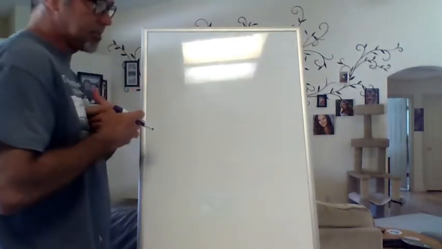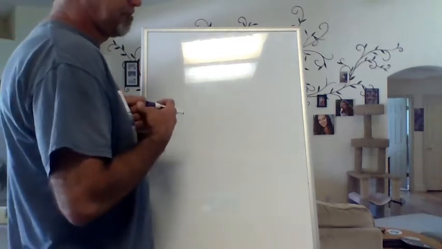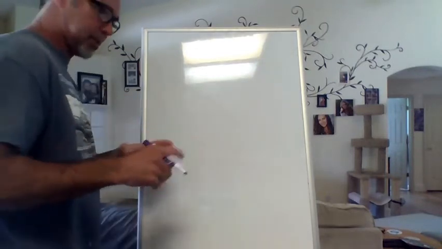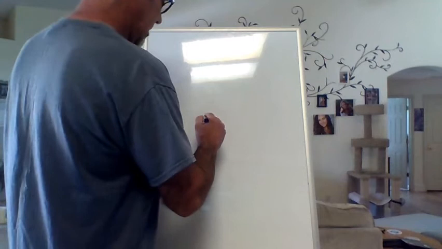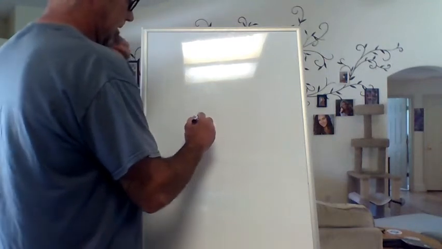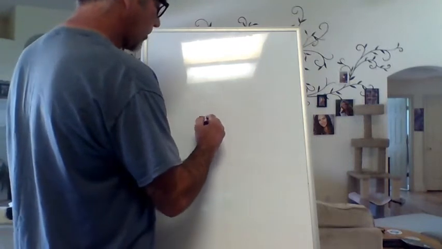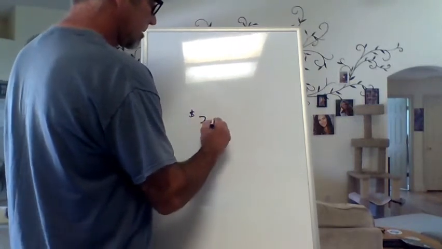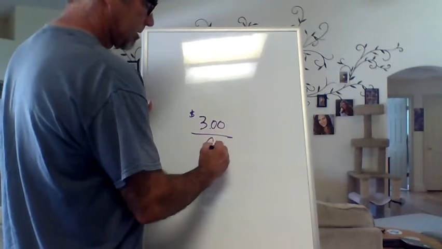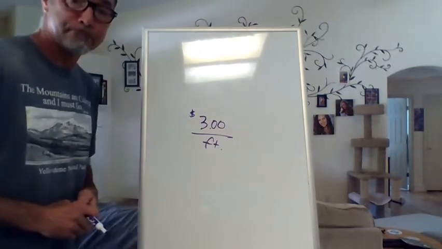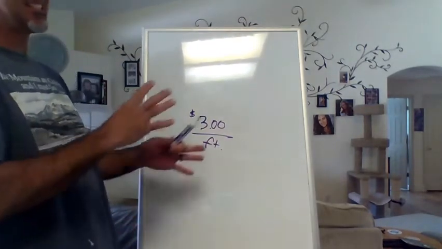And the idea behind measurement is saying, you might, again, extrapolate. Say if I've got, let's see, what would be a good example? $3 per foot of board, $3 a foot. You can see this in all kinds of ways.